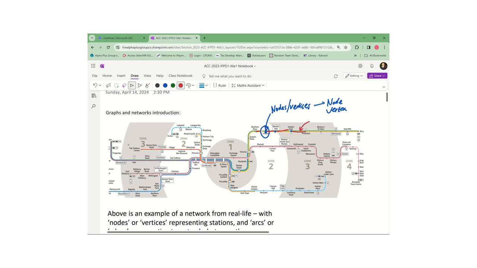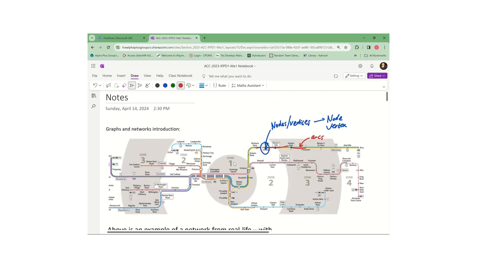These paths are going to be called arcs, or edges. And we can draw diagrams using these nodes and these arcs to break down a colourful map like this one into something that's a bit simpler that we can do some maths on.